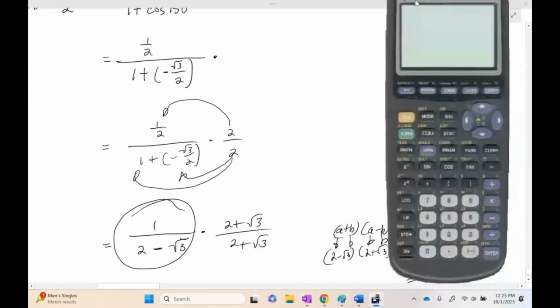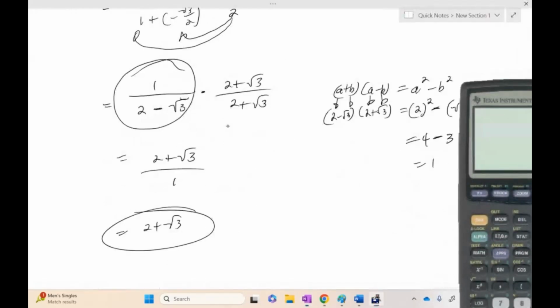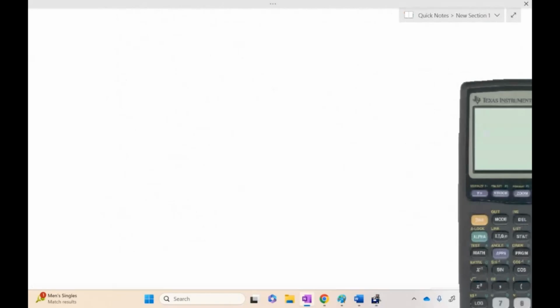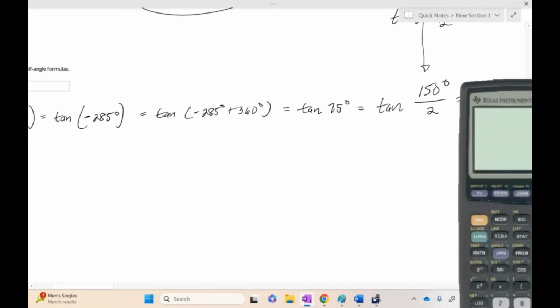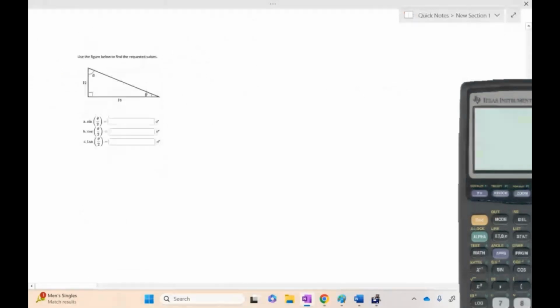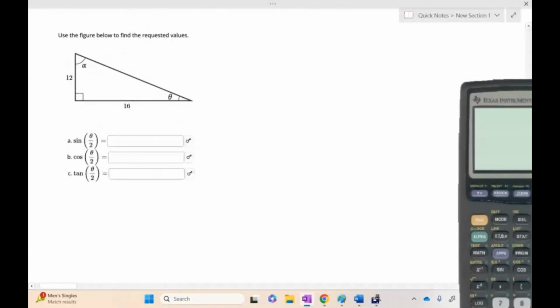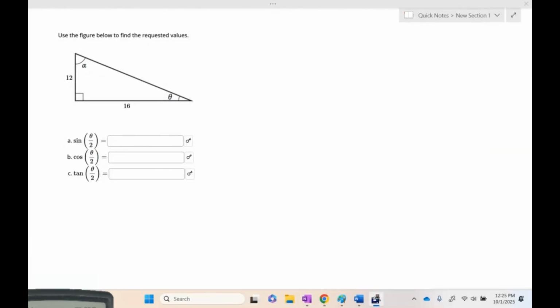All right, now here is the last problem. And it's a triangle kind of hanging out in space again. So it says use the figure below to find the requested values. So here we have a triangle, right?